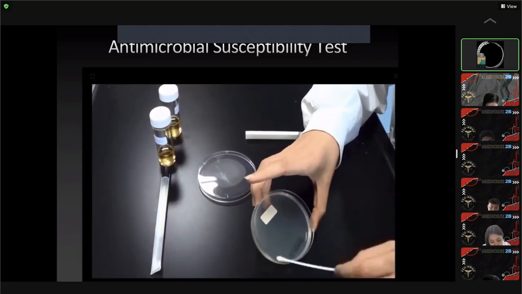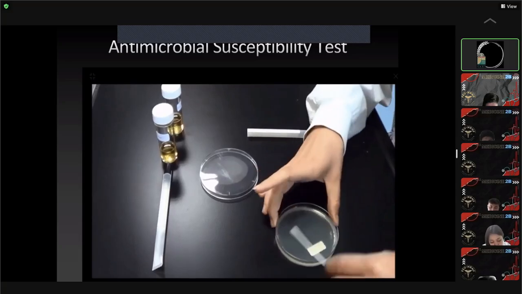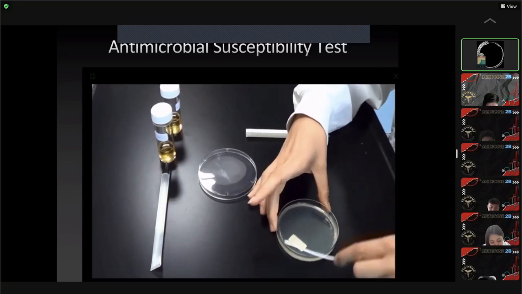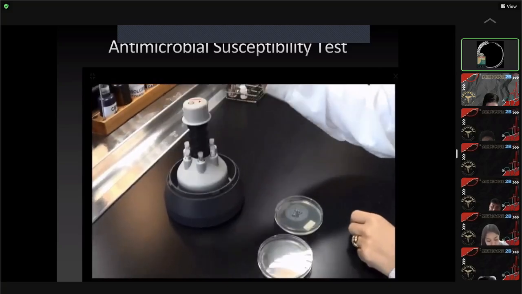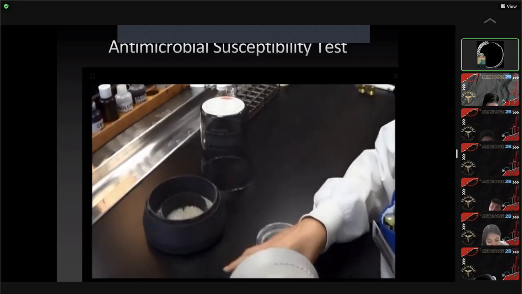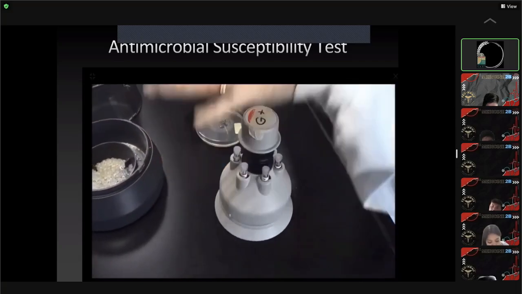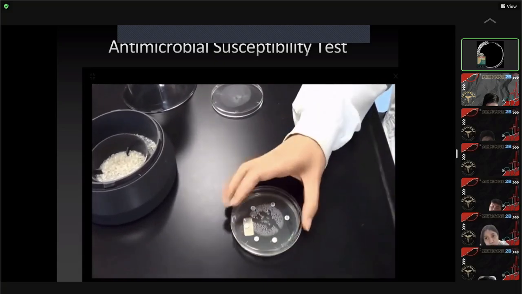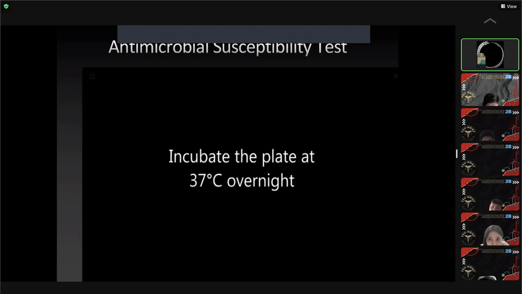Turn the plate 120 degrees and swab again. Repeat a third time. Place the used swab in a sharps bag. Then, using the antibiotic disc dispenser, stamp the discs over the swabbed surface. Incubate at 37 degrees overnight.